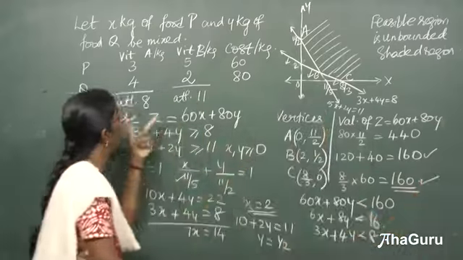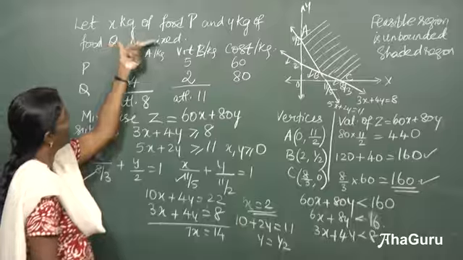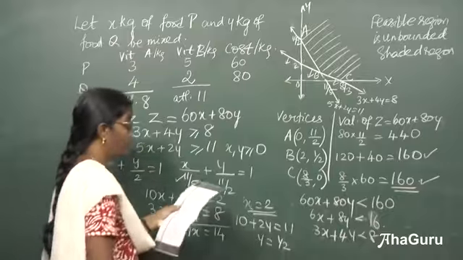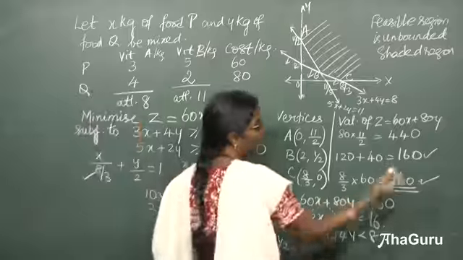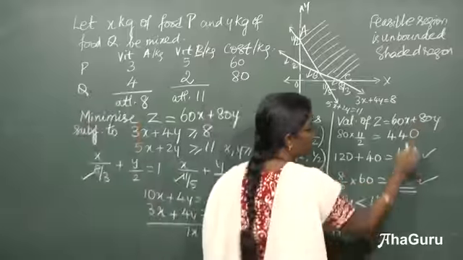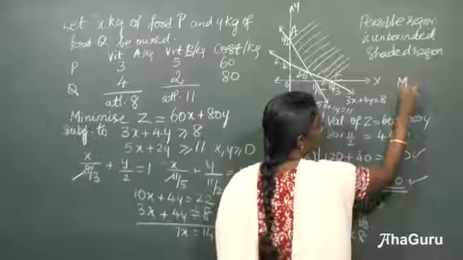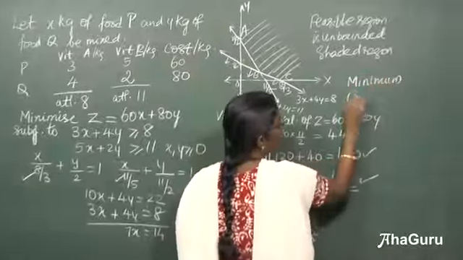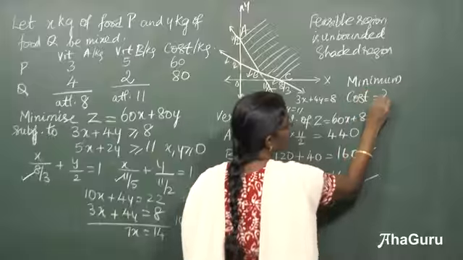The question was to find out the minimum cost of the food. The question was: determine the minimum cost of the mixture. So you will conclude it as minimum cost is rupees 160.